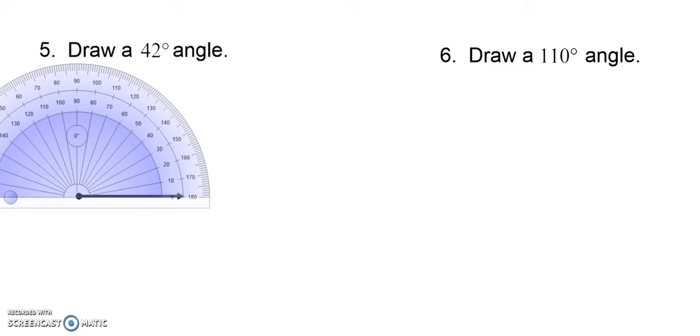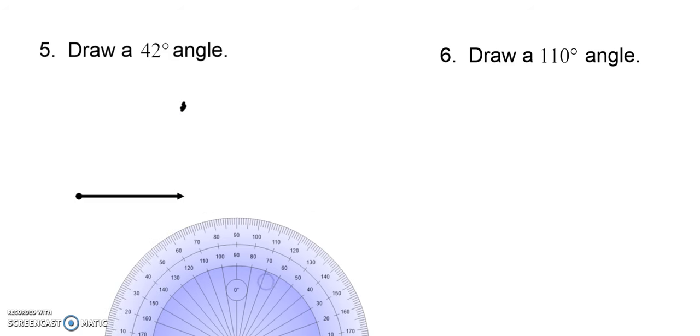And I want to go to approximately 42 degrees, which is somewhere right around there. I'm going to grab another ray, and with my other ray, I'm going to construct, there we go, something around that. Sorry, it's a little challenging to do on the computer.